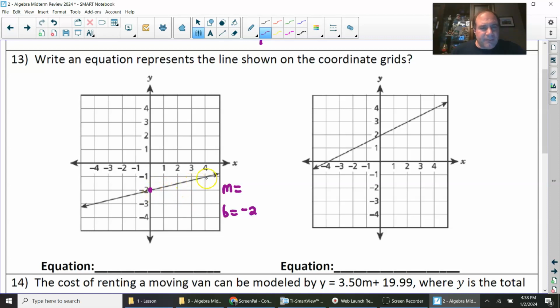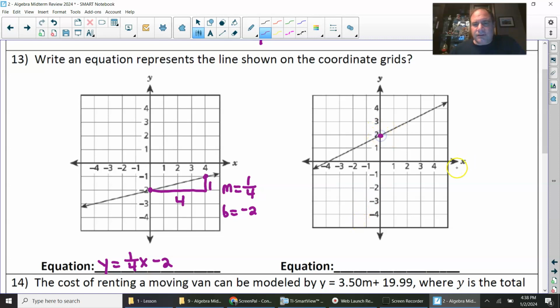So I'm just going to pick another point, which is right in the corner of a box for a whole number coordinate, and I'm going to make my little triangle there, rise over run. The run right here is 4, so it's 1, 2, 3, and 4, and then the rise is 1. So rise over run is 1/4. When we put the equation together, always put y equals 1 over 4x minus 2. That's it for that one.